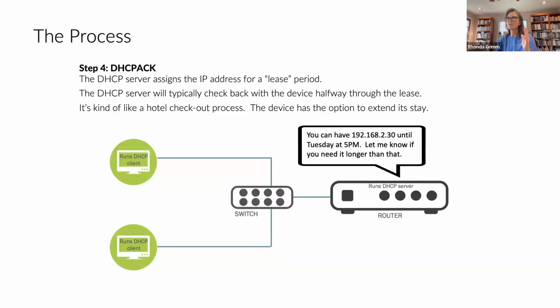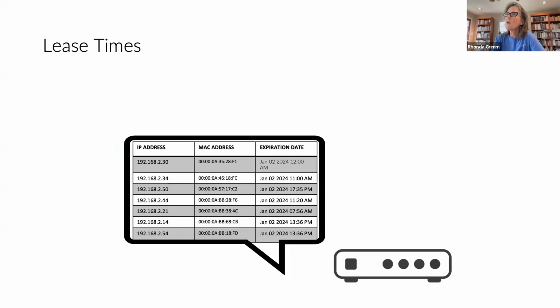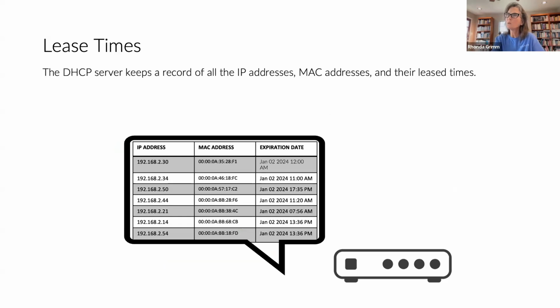So halfway through this lease period, it's going to query, you're still cool with the 192.168.2.30? And it'll go on like that. So it basically gives your entire network a pool of addresses to use. You can specify it in the DHCP scope.